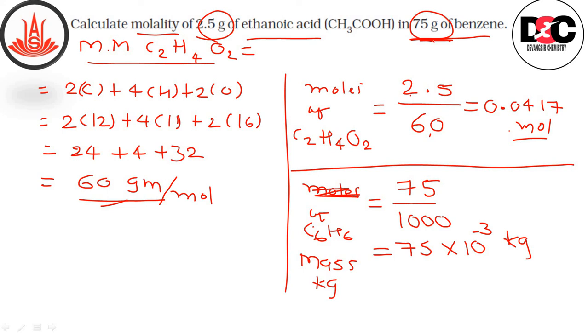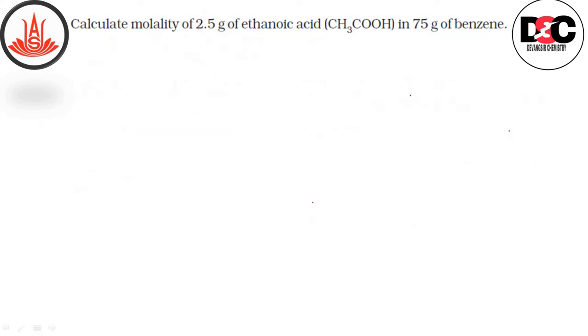Okay, so we have the molar mass of ethanoic acid, then moles of ethanoic acid, and then mass of benzene in kilogram. So now you can put all these values in the formula of molality.